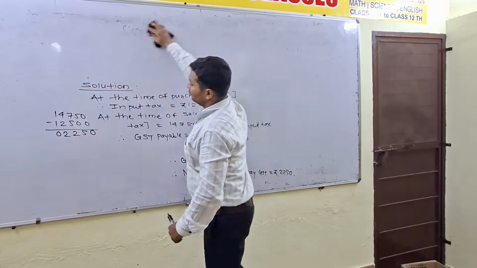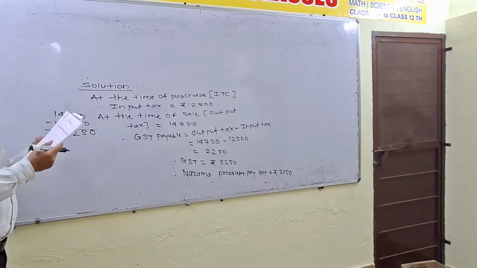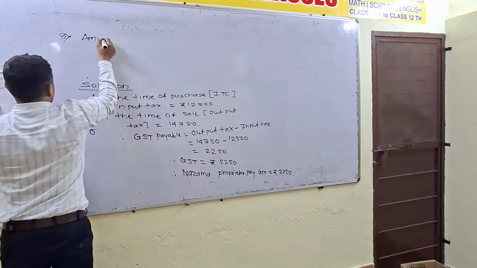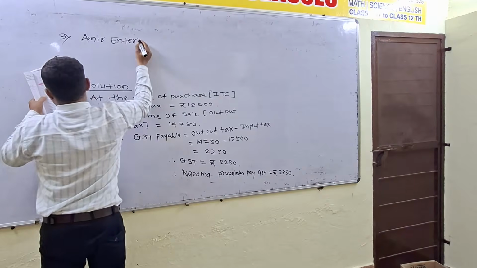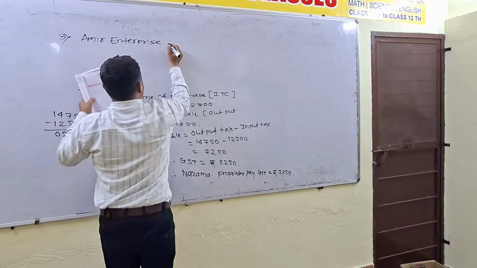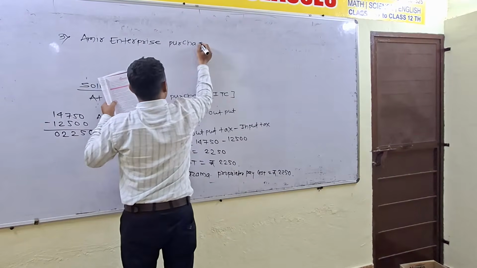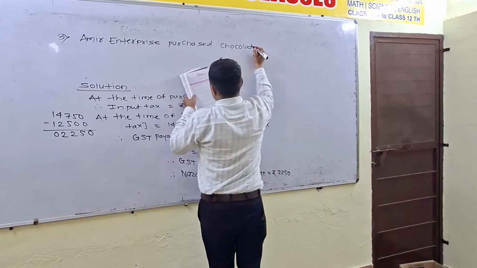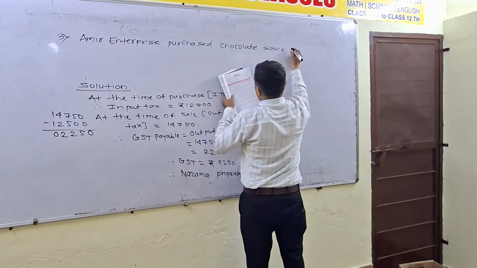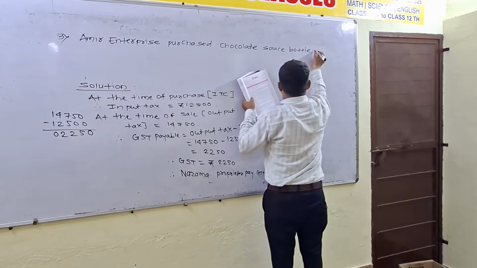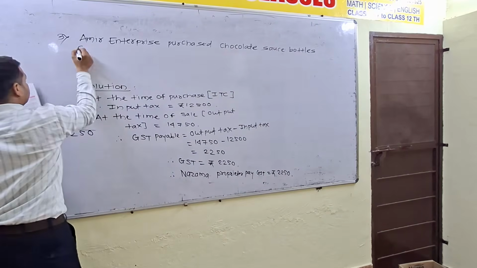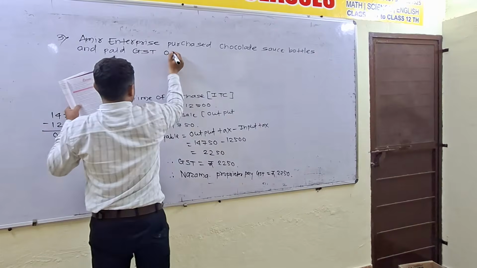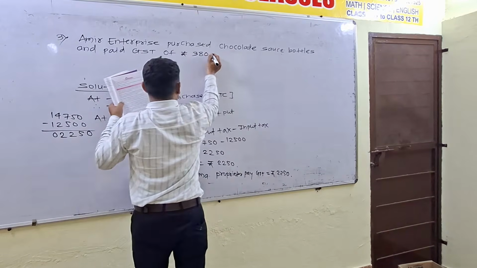Read the question. Amir Enterprises purchased chocolate sauce bottles and paid GST of rupees 3,800.